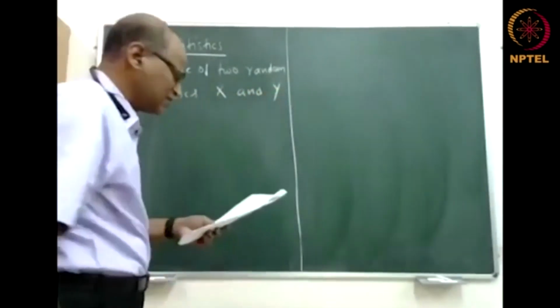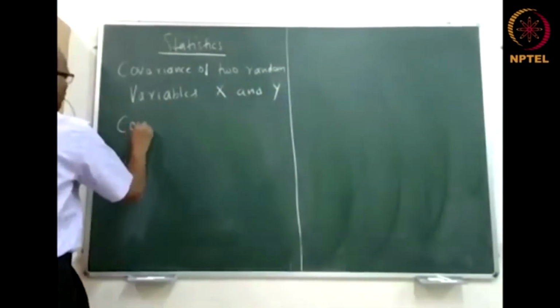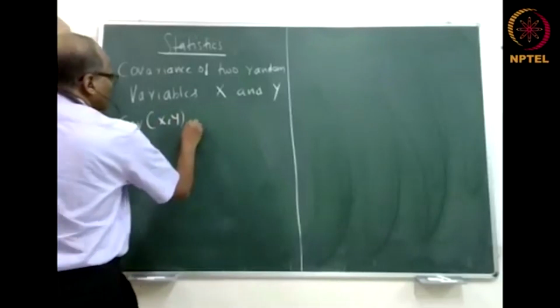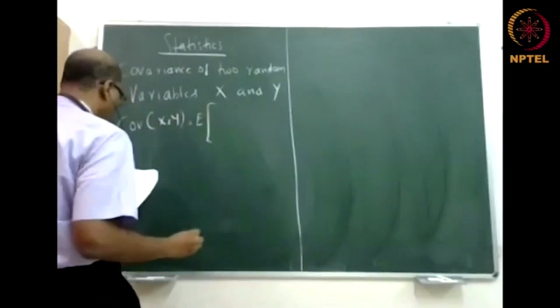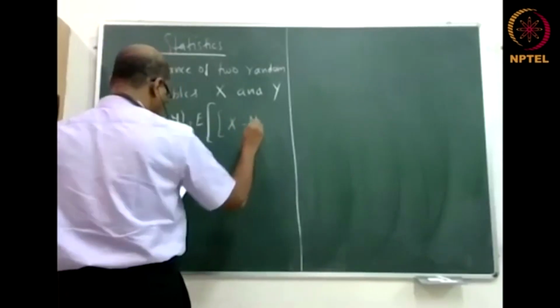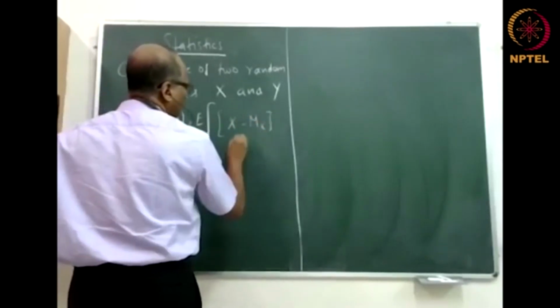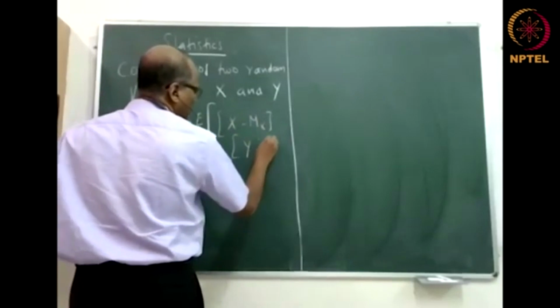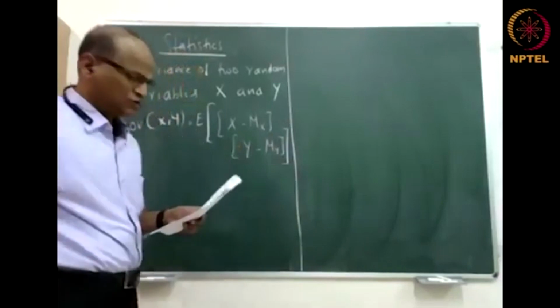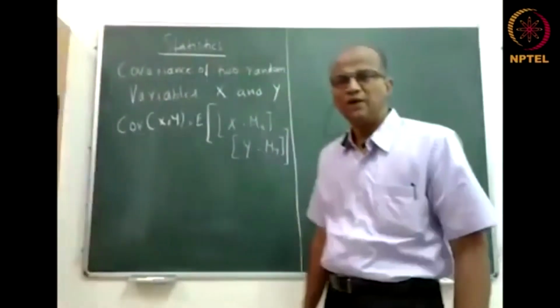So normally we write it as covariance of x, COV of xy, is basically the expectation of x minus mu x. So is there an equation number for this?